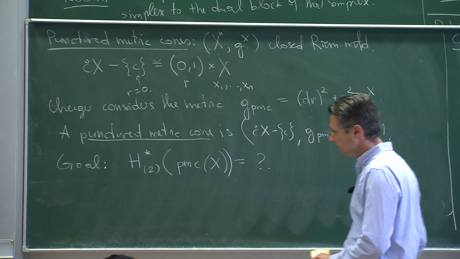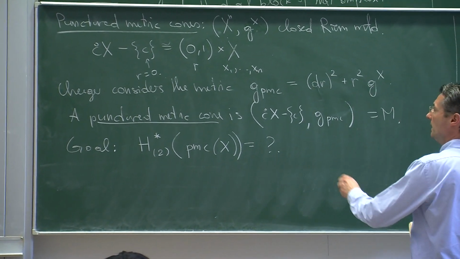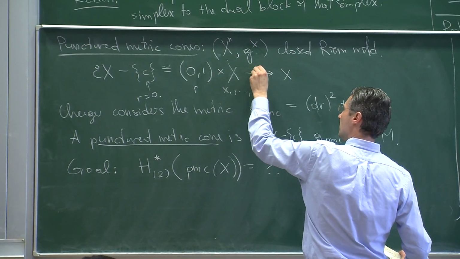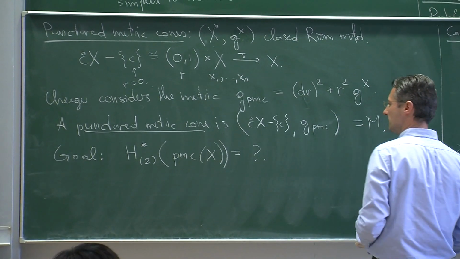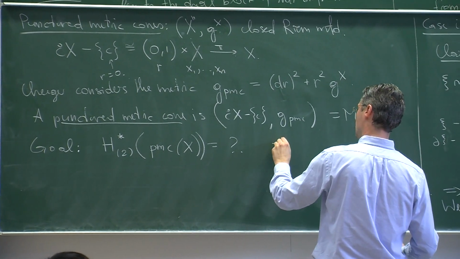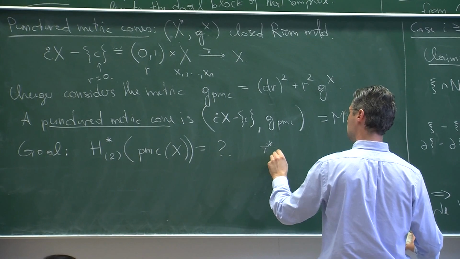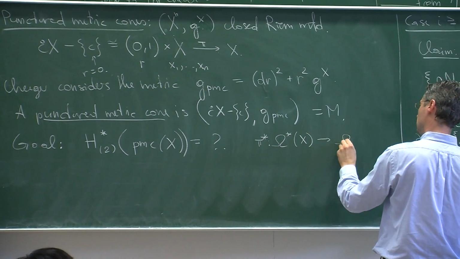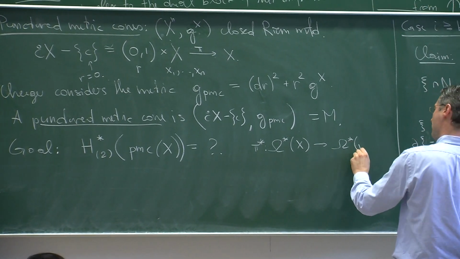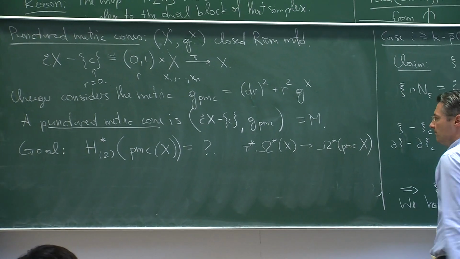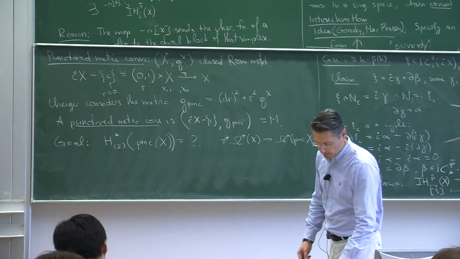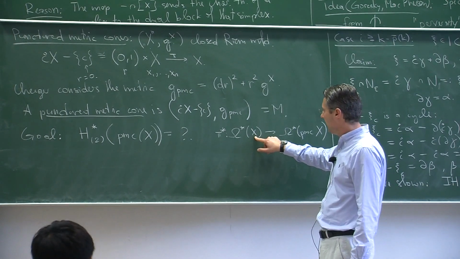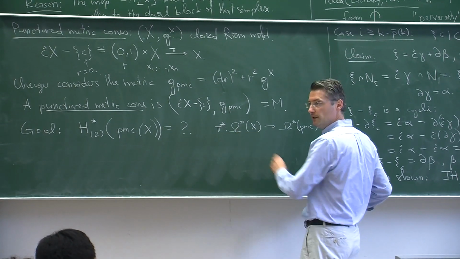But there is, of course, by the way, from this a projection to X, pi, and this induces a map on forms, and you want to understand that map first. In other words, this space is compact, so I might as well write a 2 here.